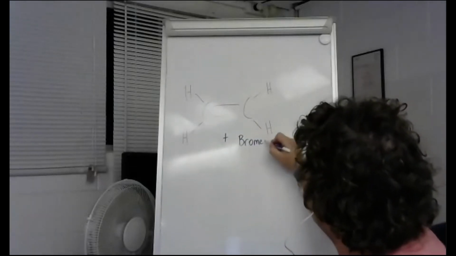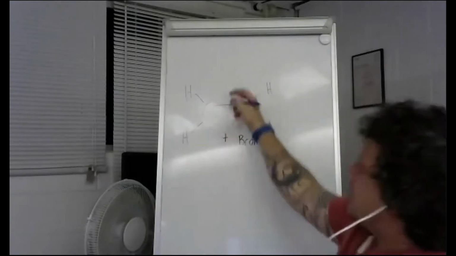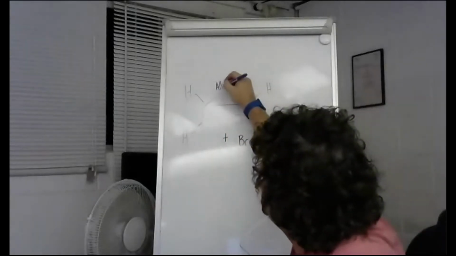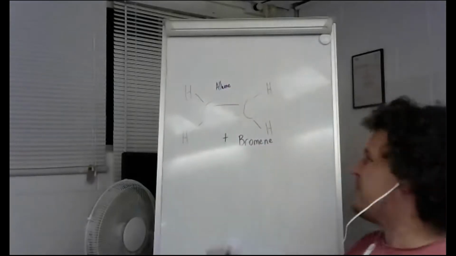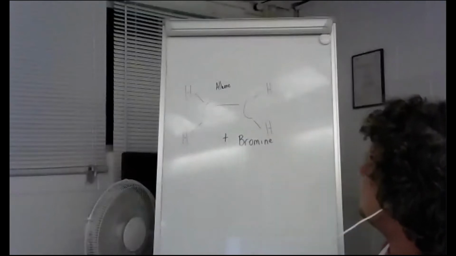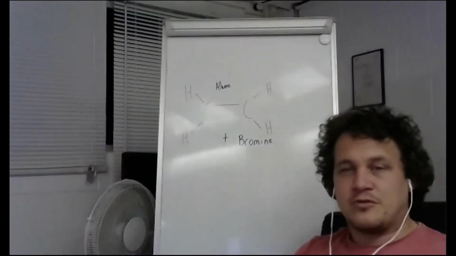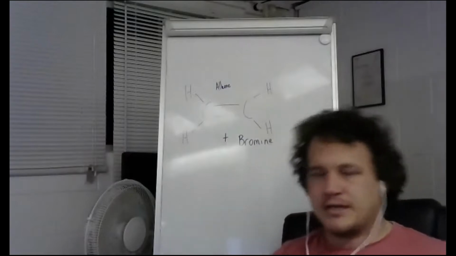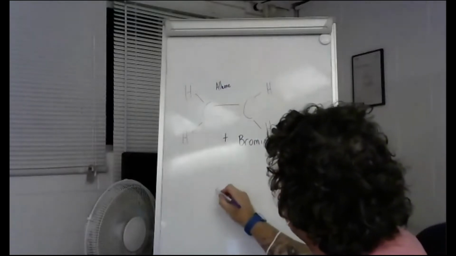If we add an alkene plus bromine, and we will go, why did I write it with an E? It might be just having a mental breakdown. So if we add bromine to an alkene, and we'll go through, there's 11 reactions, which I don't know if we'll get through them all, but we actually produce a haloalkane.